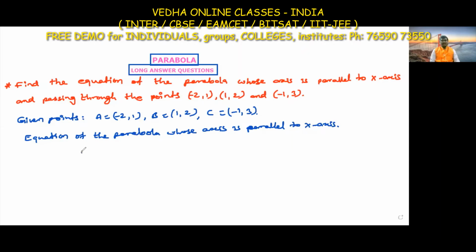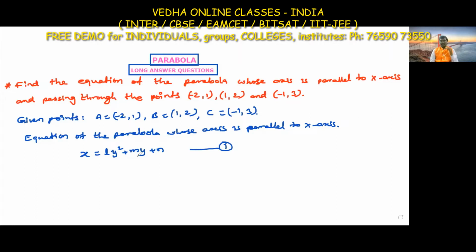If it is parallel to the x-axis, write x equals; if it is parallel to the y-axis, write y equals. So x is equal to Ly square plus my plus n. If parallel to the y-axis, then y is equal to Lx square plus mx plus n. Here it is parallel to the x-axis, that's why x is equal to Ly square plus my plus n.